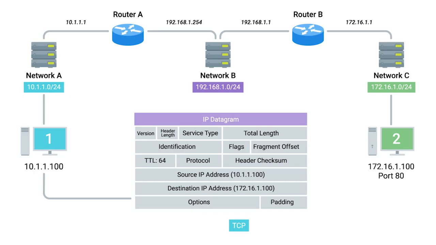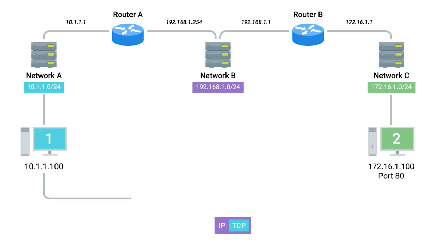Next, the TCP segment is inserted as the data payload for the IP datagram, and a checksum is calculated for the whole thing. Now that the IP datagram has been constructed, computer 1 needs to get this to its gateway, which it now knows has a MAC address of 001122334455.